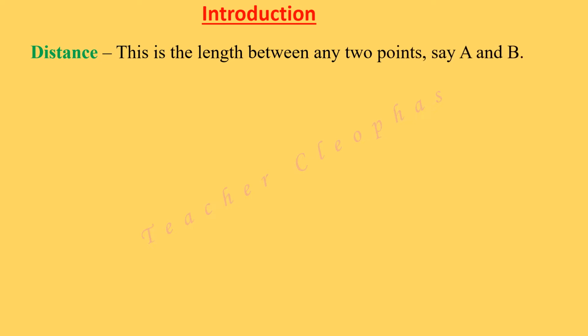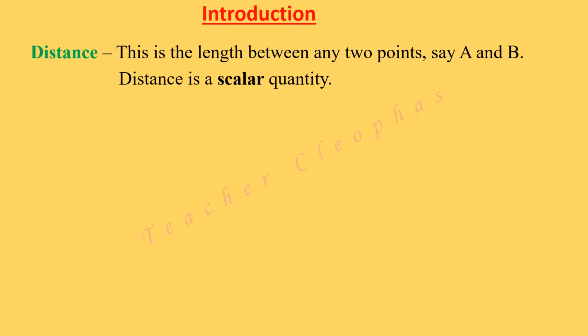Distance refers to the length between any 2 points, say A and B. For example, the distance between any 2 given towns. Distance is a scalar quantity. A scalar quantity is a quantity that has magnitude or size only.